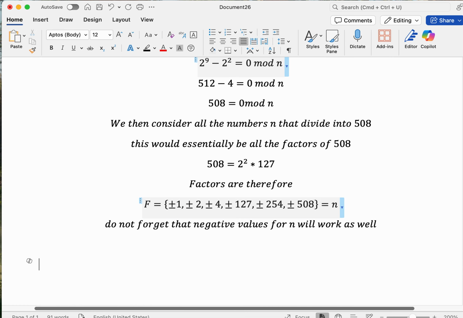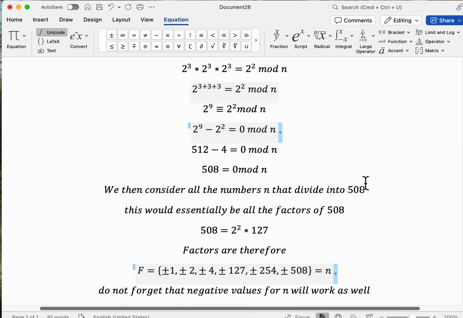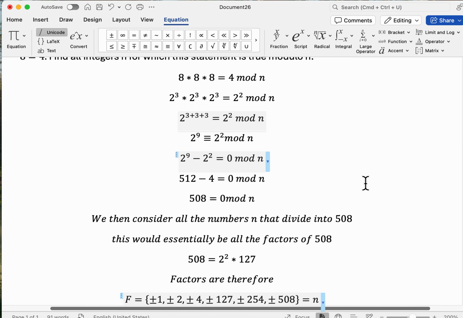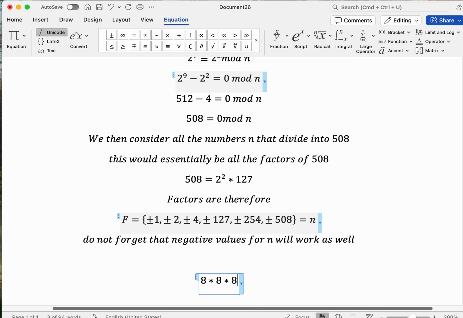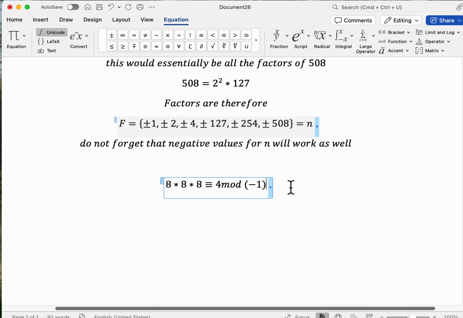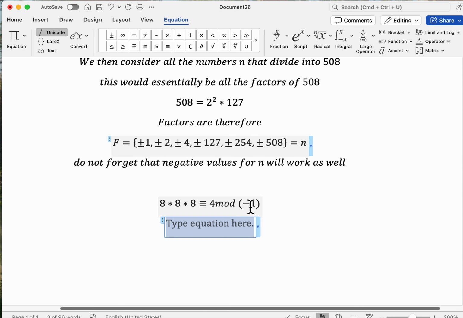You are allowed to check that this equation is true for, for example, 8 times 8 times 8 is congruent to 4 mod negative 1. Because all you can simply do is find any integer where you multiply.